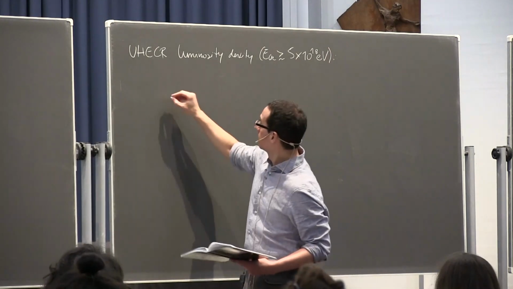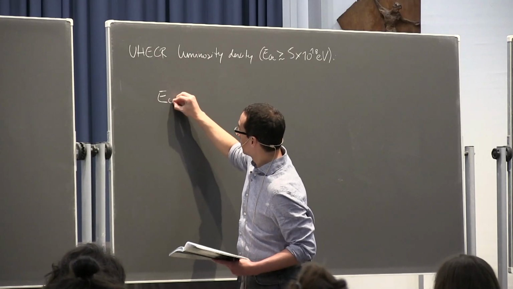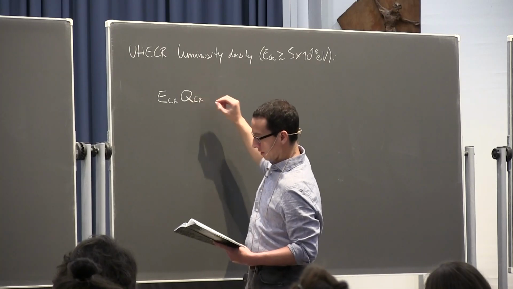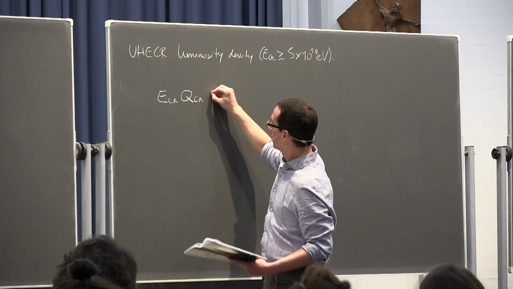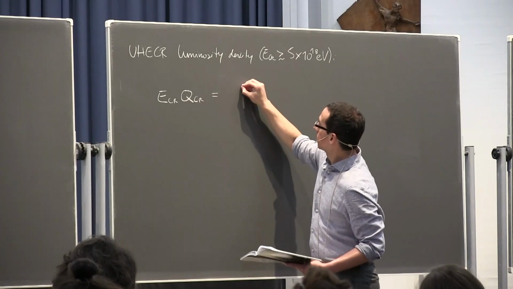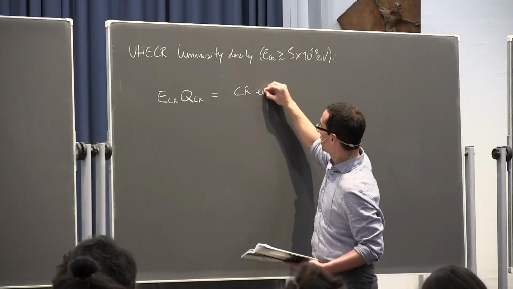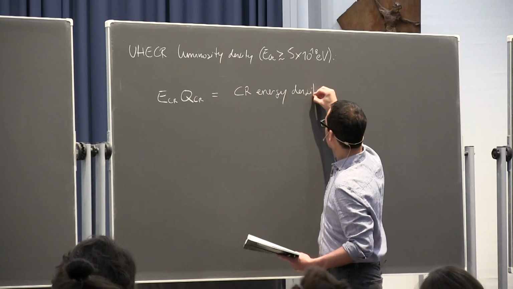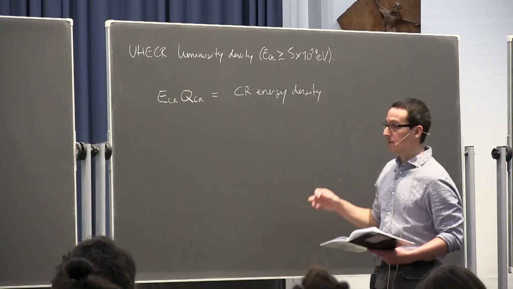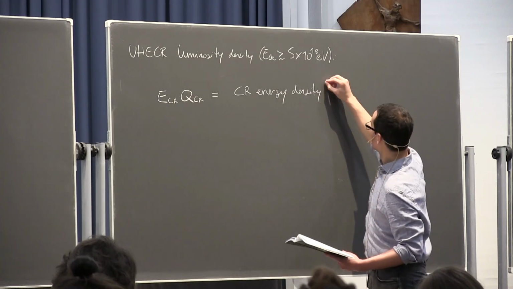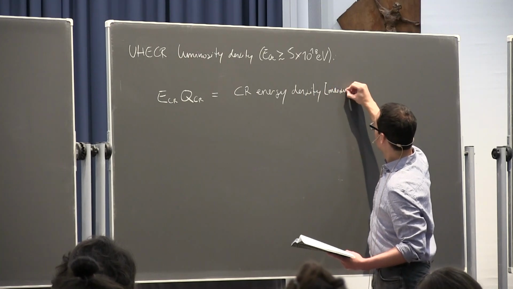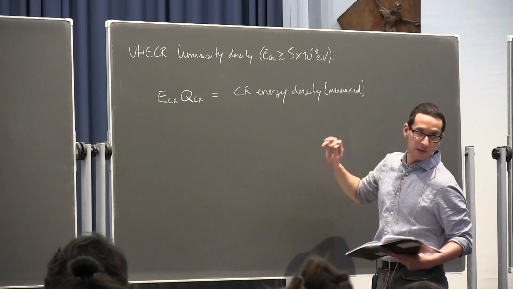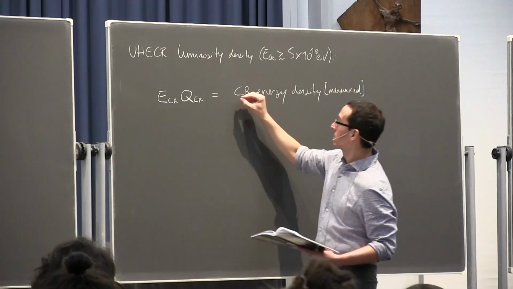So what that means is the following. The luminosity density is this quantity, and you'll see what the units are in a moment. It is defined as the cosmic ray energy density. So how much energy is in the flux of cosmic rays that we observe, that we measure. So this is a measured quantity. And essentially what that means is you take the flux of cosmic rays that you detect and you integrate it in energy.